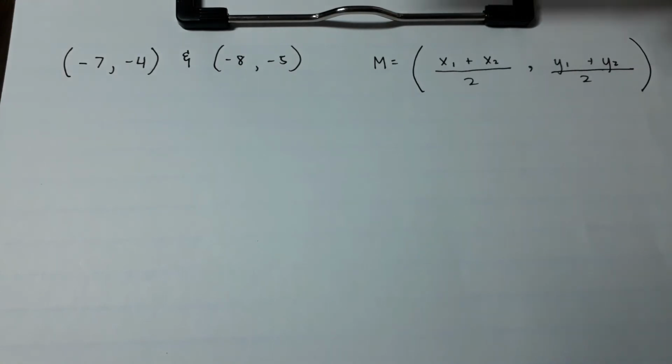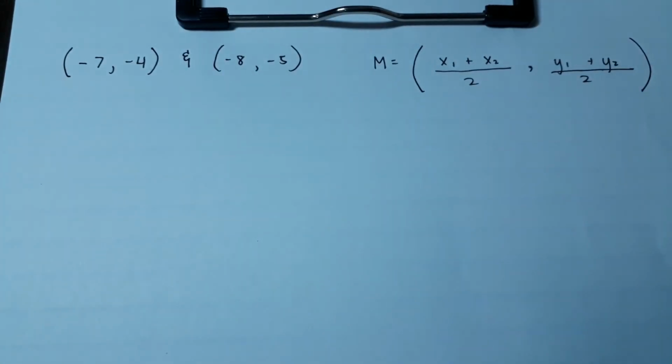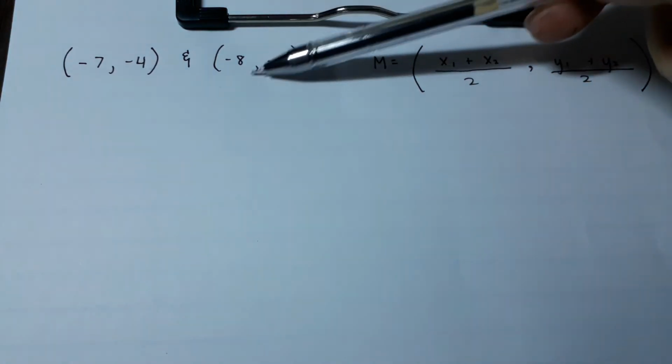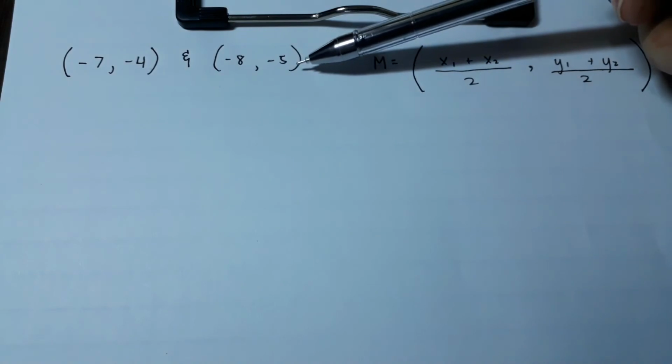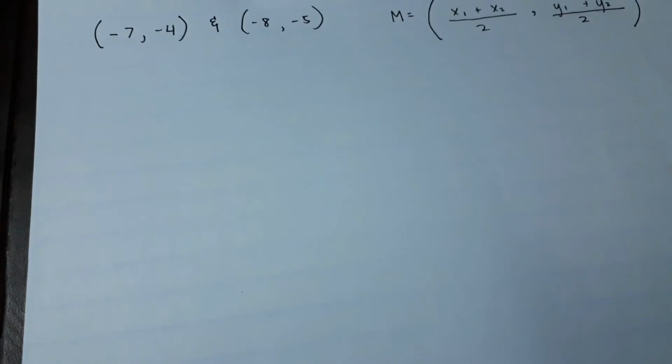And we have our given here, where the first point has a coordinate of negative 7 and negative 4, while the second point has a coordinate of negative 8 and negative 5. So what we must do is find the coordinates of the midpoint of the segment whose endpoints are the given. So let us start solving this given problem.